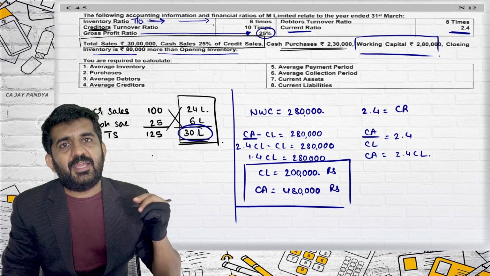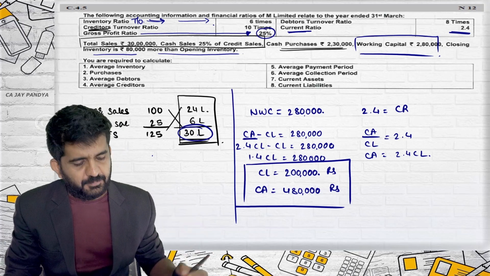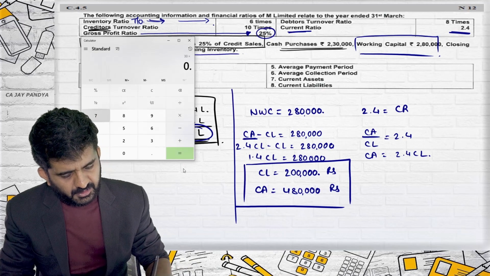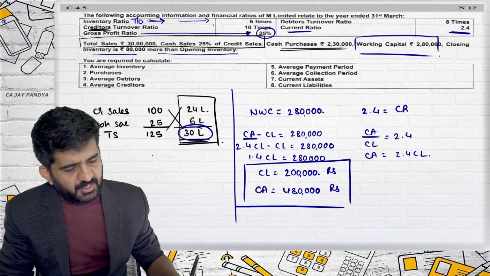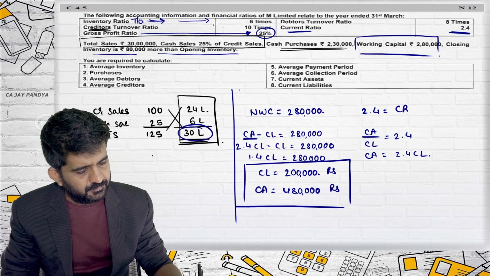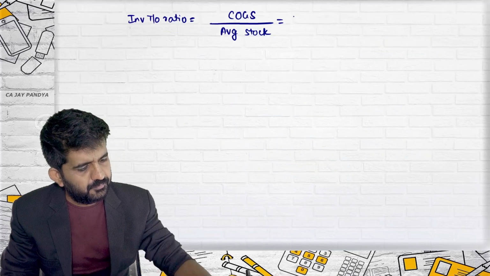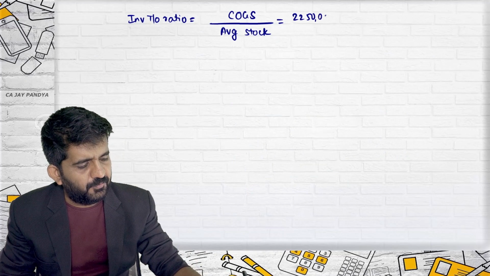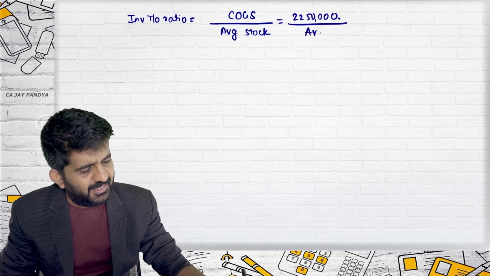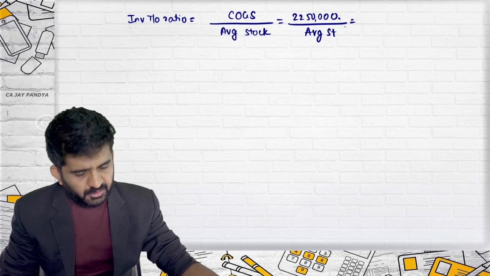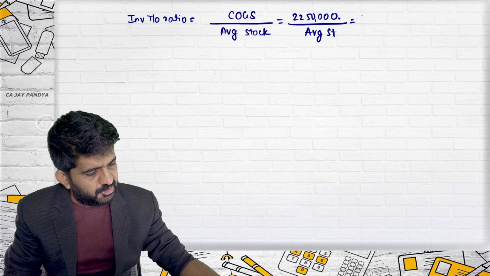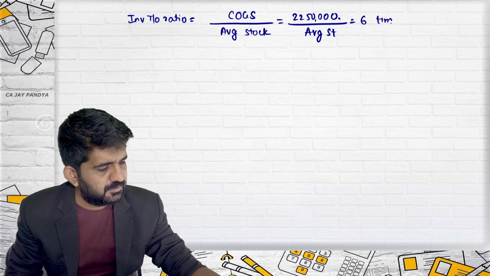If 25% is GP, 75% will be COGS. So 30 lakhs into 0.75 is 22 lakh 50,000, which is COGS. COGS divided by average stock is the inventory turnover ratio, which is 6 times.